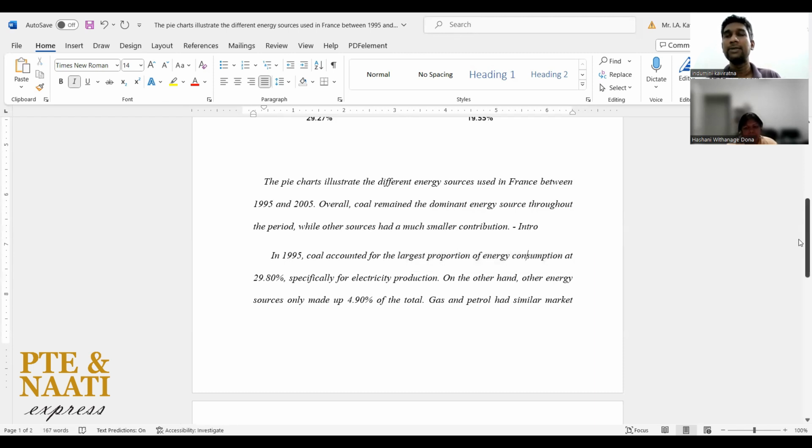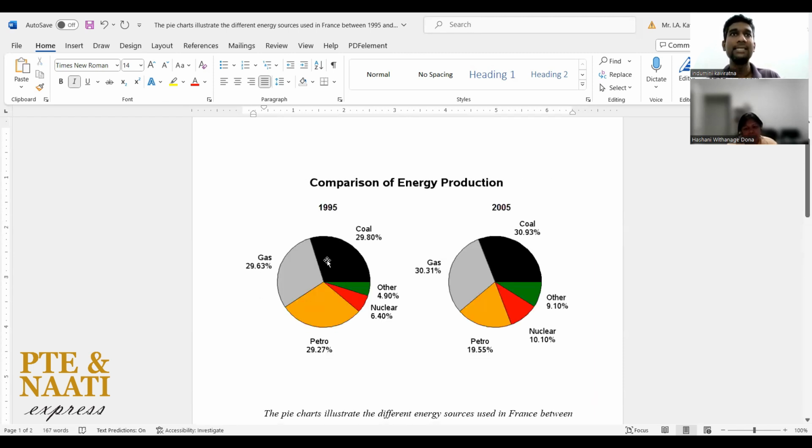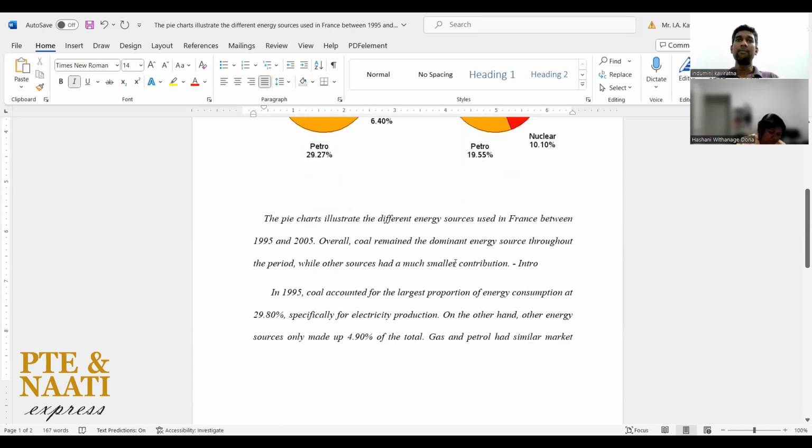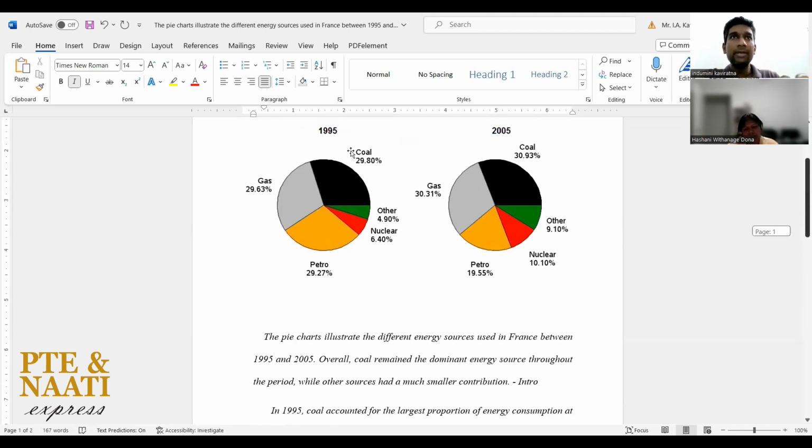So here, as you can see, we are going by the sizes: the largest, the second largest, the third largest, because that's how we are dealing with the pie chart. So in the second paragraph, we can go on by the statistics also. Coal accounted for the largest proportion of energy consumption at 29.80. You can mention it like this.